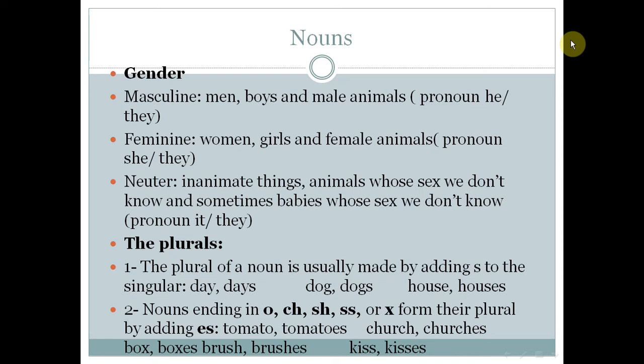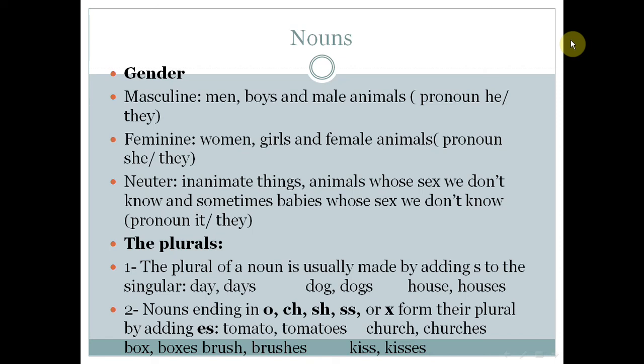The plurals. Now we come to the lesson on how we change singular nouns to plurals. There are rules here. First rule, the usual rule that everyone studying English knows: we make the plural of a singular noun by adding s to the singular noun.